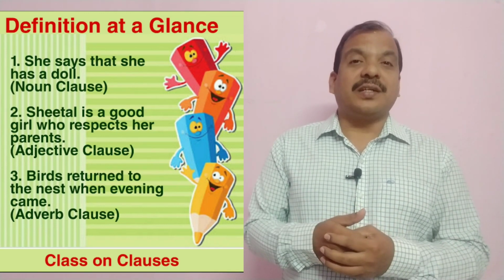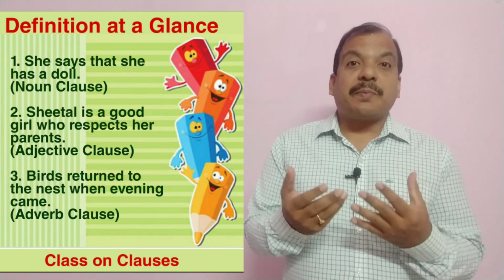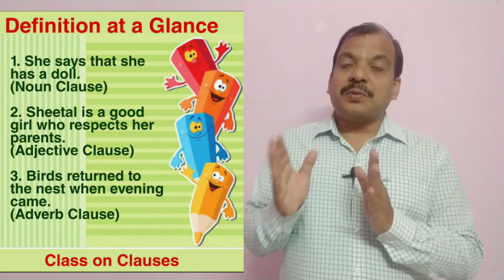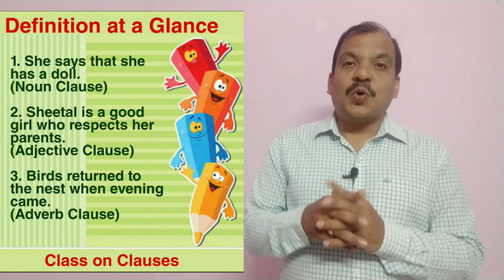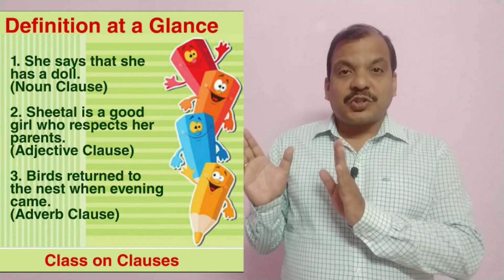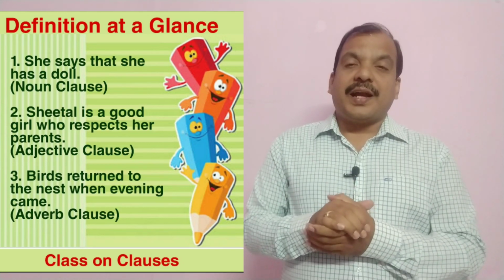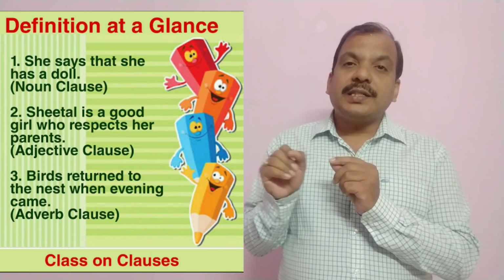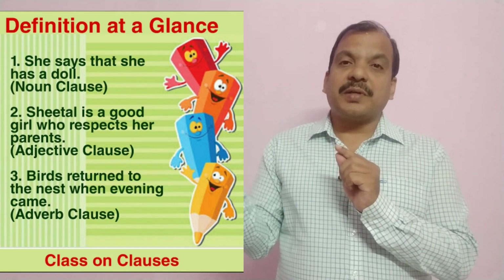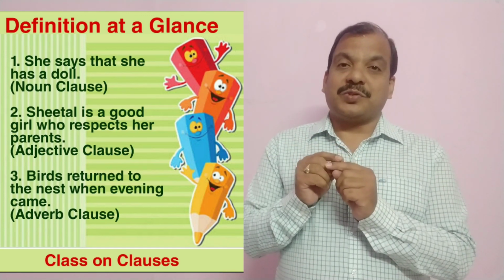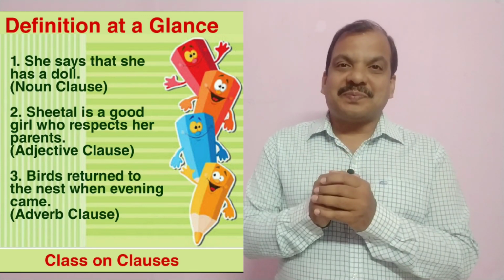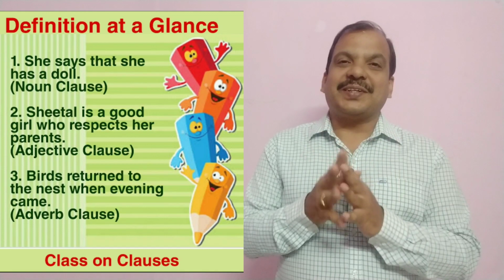Sheetal is a good girl who respects her parents. So you see here, Sheetal is a good girl, again principal clause. Who respects her parents is the subordinate clause here. And this entire subordinate clause qualifies, describes, says something about a noun, good girl or Sheetal.